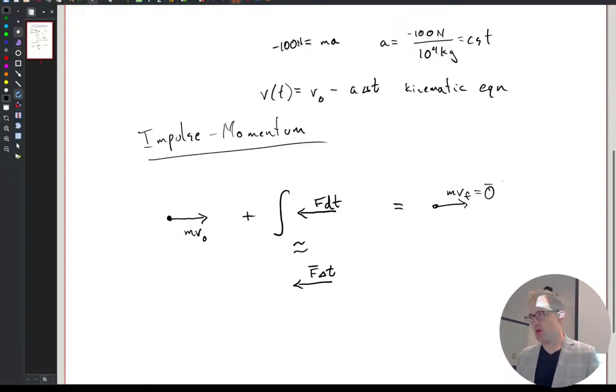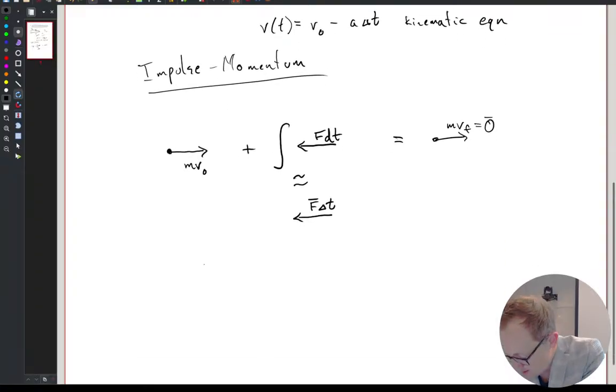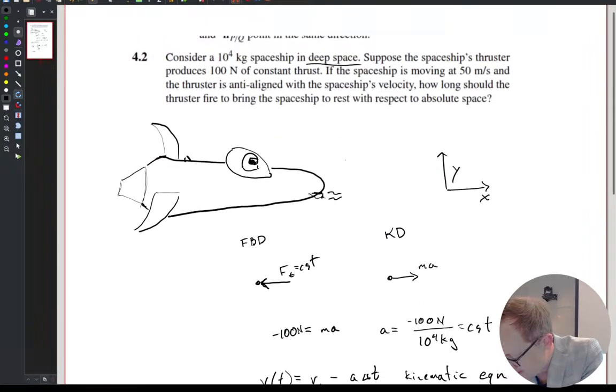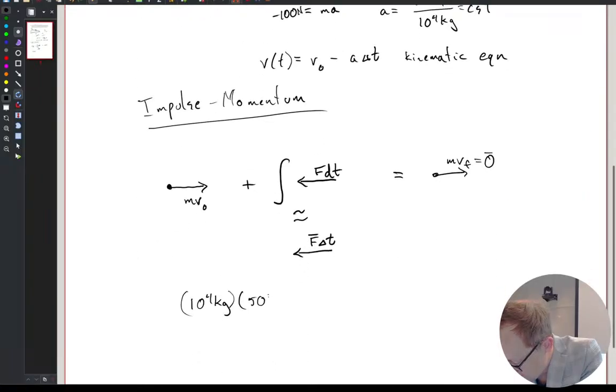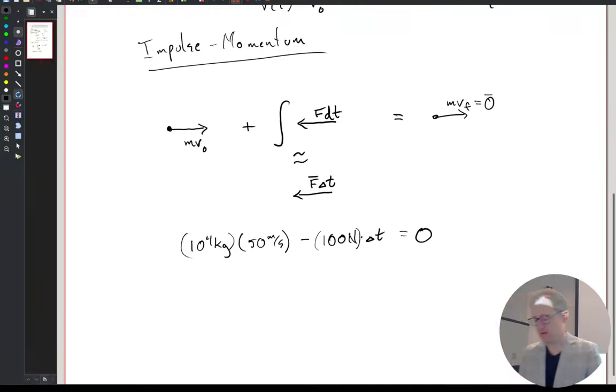So here I'm not plugging in kinematic equations, I'm not solving for acceleration. I'm just saying 10 to the 4 kilograms times, how fast are we going? 50 meters per second, minus 100 newtons times delta t, equals 0.